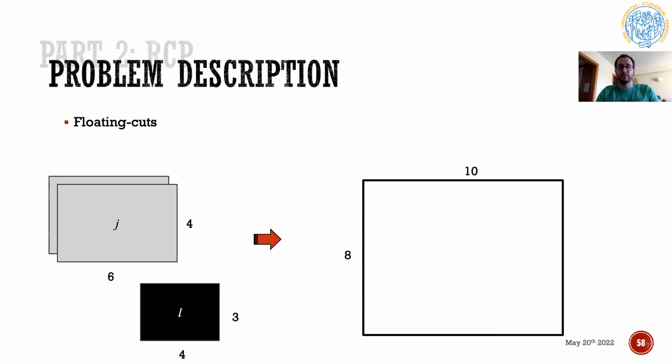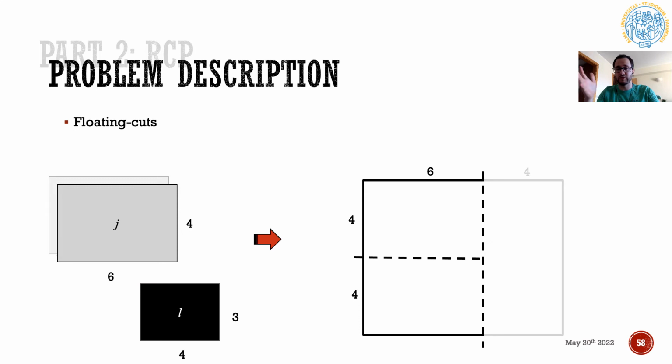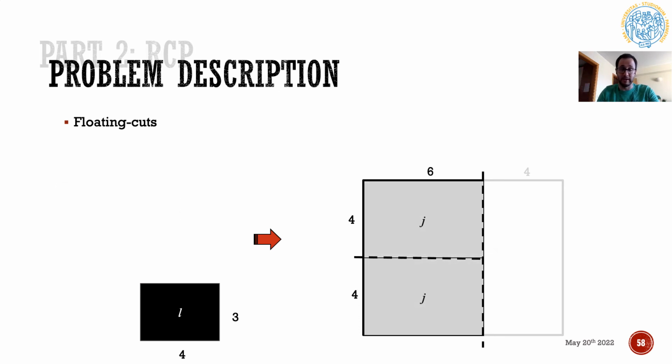Regarding floating cuts, you don't have x and y coordinates of items as regular MILP models consider. Instead, we assume that from a given plate, a maximum number of new plates can be obtained without explicitly identifying their positions.